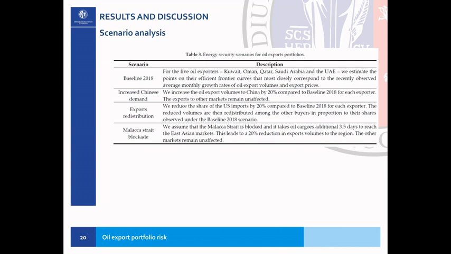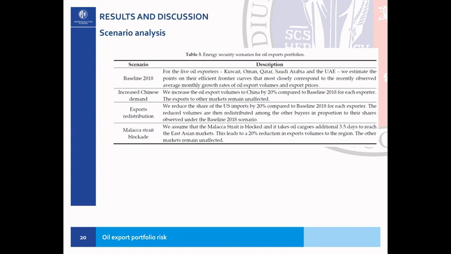Or imagine that the United States import is reduced by 20% for each exporter, and essentially the exporters make up by redistributing the exports among the other buyers in proportion to their shares.